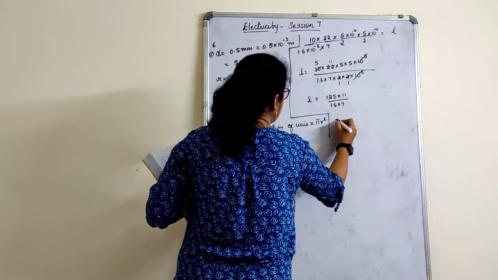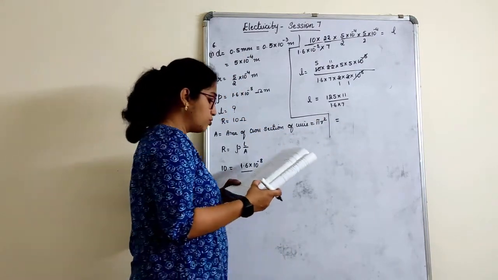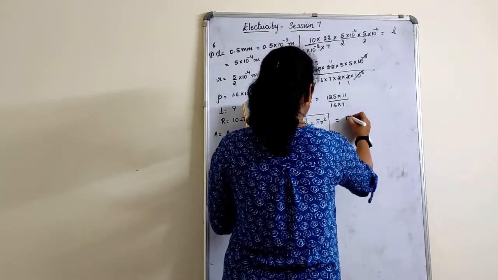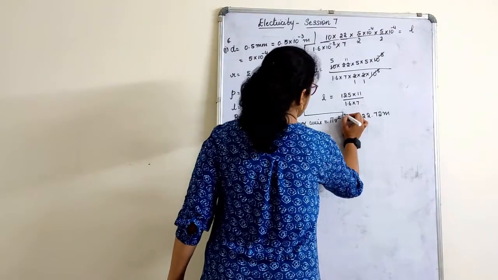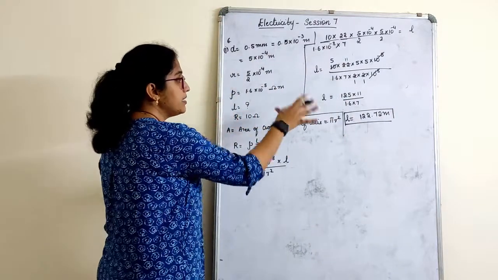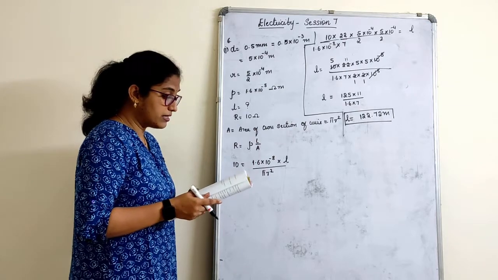I'll just give you the final answer: multiply and then divide by the number given here. So what you will get here is 122.72 meters, the value for the length. Okay, is this part very clear? Now the second part we have to solve. What is the second part?